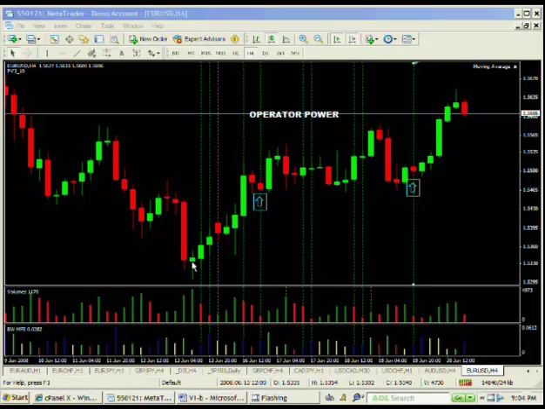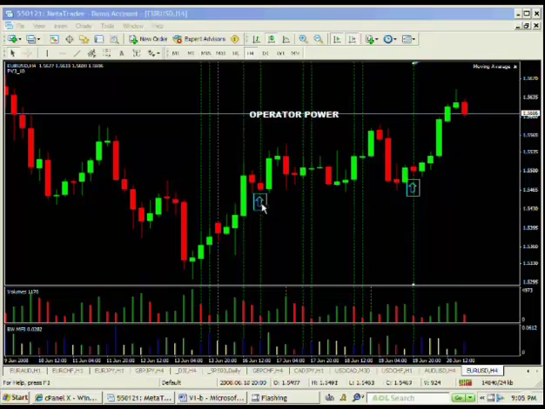And the decisions are made at support and resistance, at a prior high and at a prior low. And as we look at each of the operator bars here, we can see that price usually continues in the direction of operator participation for at least 1 or 2 bars.